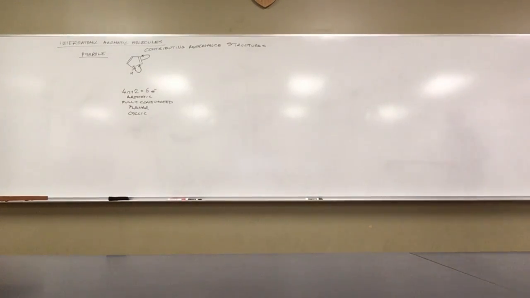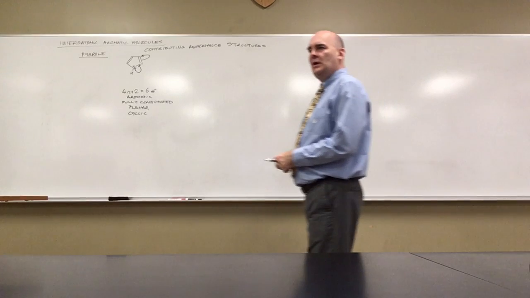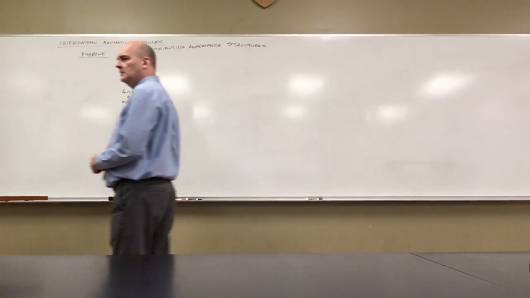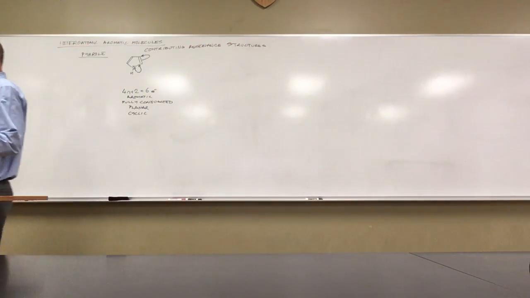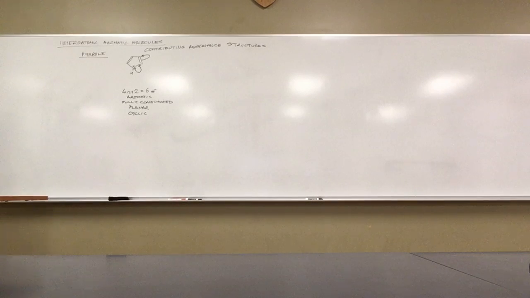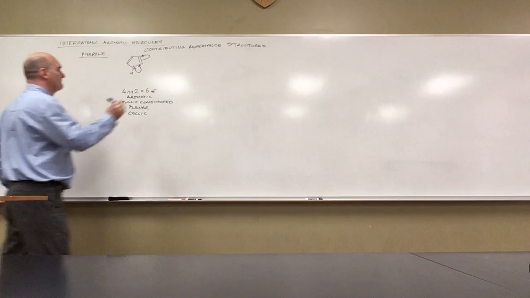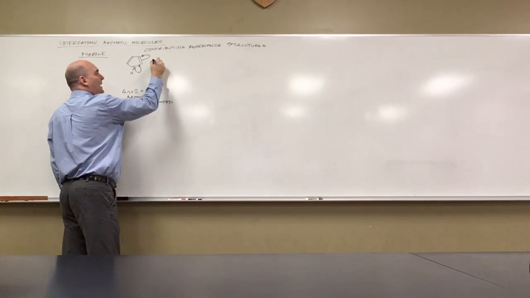Am I activating or deactivating this ring? I'm activating this ring. Is this electron donation or electron withdrawal? Putting the electrons into the ring. I'm donating those electrons in. Okay? Double-headed arrow.